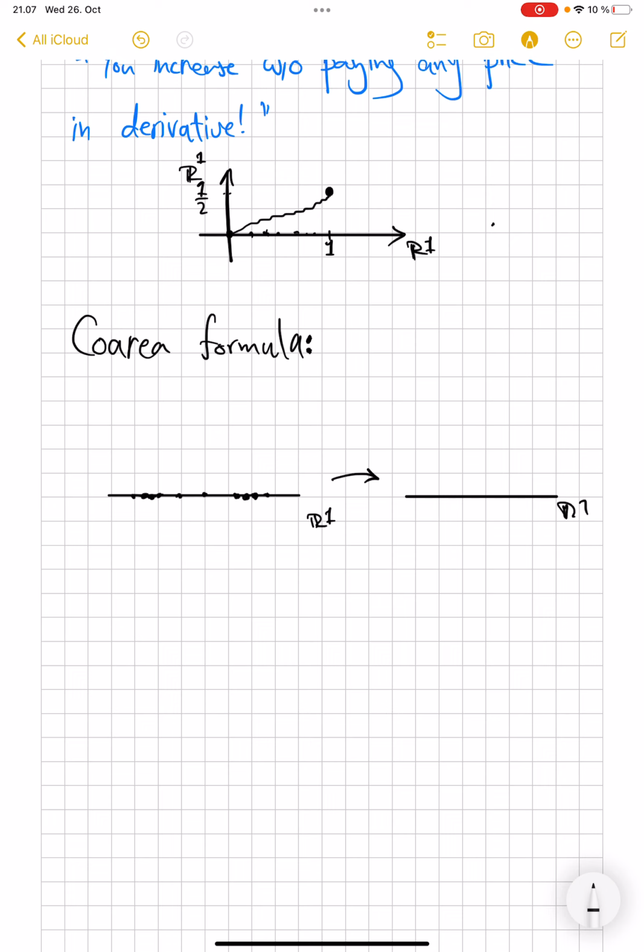By the way, you can use the area formula to see that the measure of gamma of C is equal to the integral of gamma prime of T on C, because gamma is Lipschitz, this formula is valid. So the measure of the image of this equals that, but this is 0 almost everywhere, so it's 0. So definitely this Cantor set with measure equal to 1/2, this fat Cantor set, must have been crushed by this gamma to a 0 measure Cantor set.